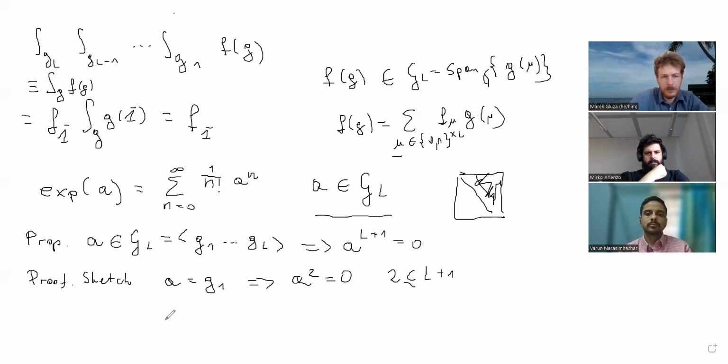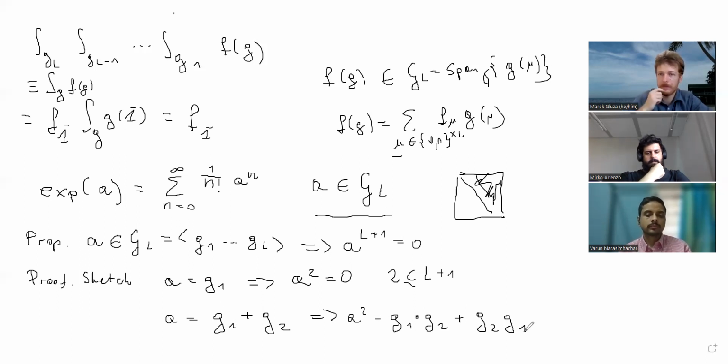And now another question is, for example, a could be some summation, so g_1 plus g_2. Then a squared is g_1 times g_2 plus g_2 times g_1. And that one is already kind of 0, right? Because of the anti-commutation.